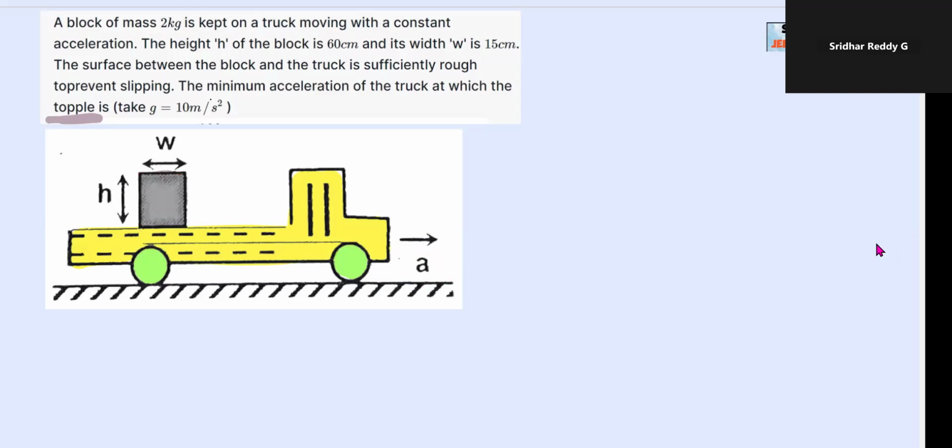So what forces will be acting? First, we'll analyze the weight mg acting. Then the pseudo force will act in this direction.